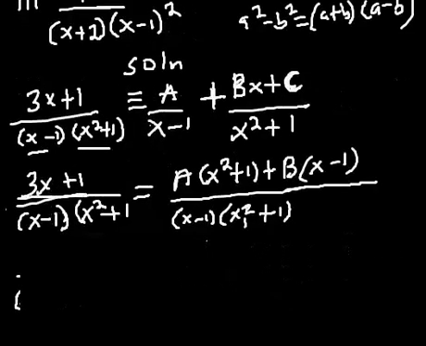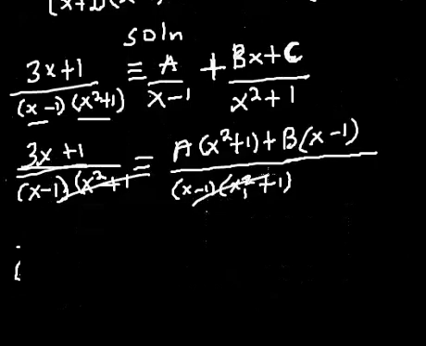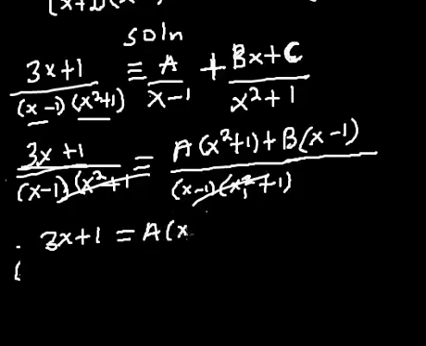Of course the denominator goes, and left with 3x plus 1 is equal to A open bracket x squared plus 1 plus B open bracket x minus 1.